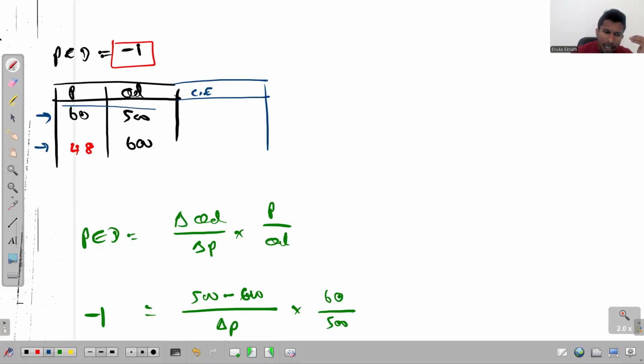See, based on the initial data that we were given in the question, you can find the consumer expenditure to be how much? 30,000. But in the second situation, when you multiply 48 by 600, I'm 100% sure that you don't get the same consumer expenditure.